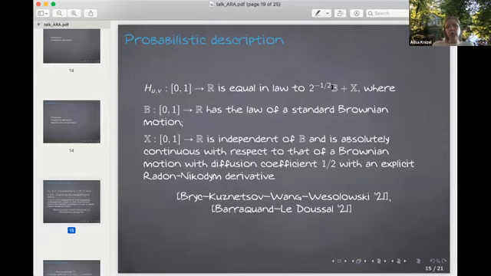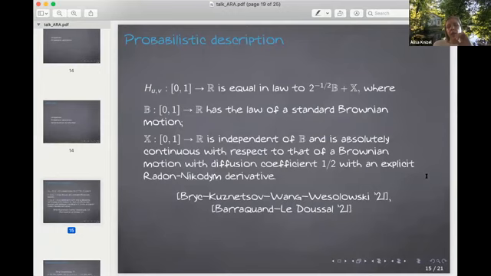The process B, the Brownian motion scaled with this scaling 1 over square root of 2, plus process X. This particular description is taken from the physics paper, but it's equivalent to what is obtained in the mathematical one. This process X is independent of B, and it is absolutely continuous with respect to the Brownian motion with diffusion coefficient 1/2, meaning the variance is 1/2.